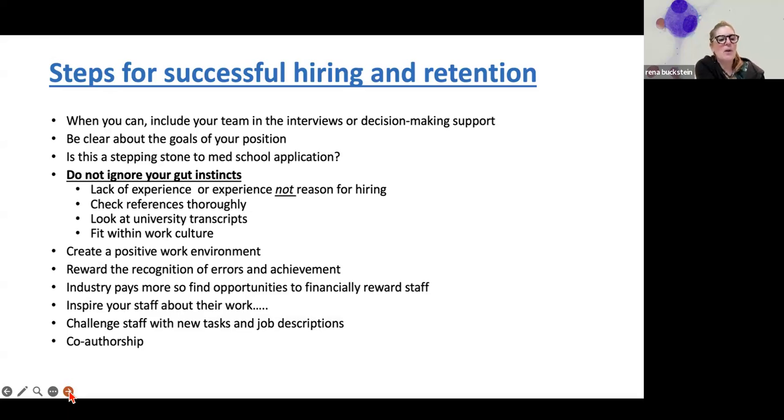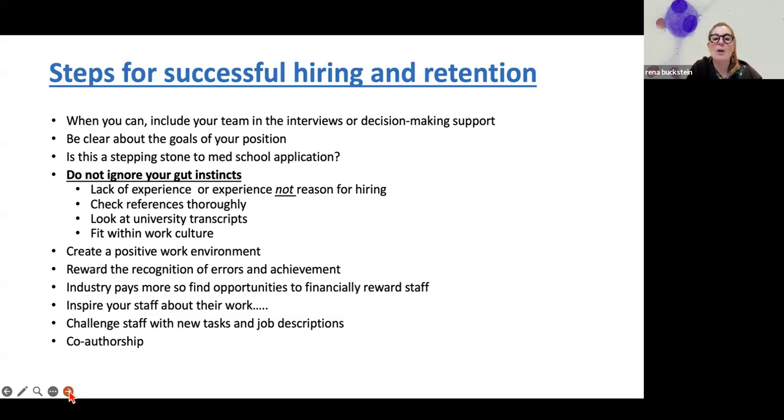Also, if you're hiring straight out of university, you're hoping this person's going to stay with you for a long period of time because you're going to invest the time in training them. It might be 6 months till they're really ready to fly on their own. Is this just a 1-year stepping stone to a medical school application? That's important to know.